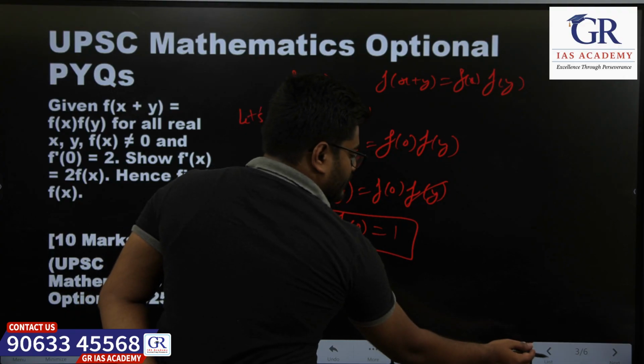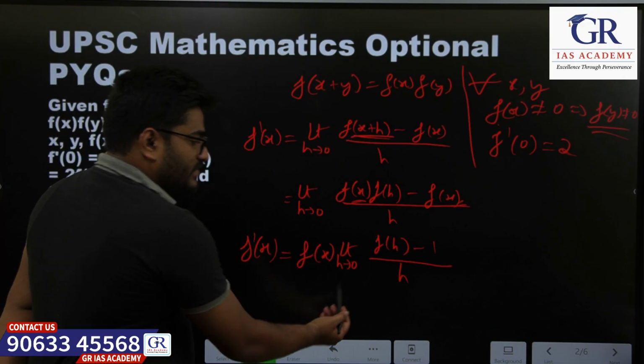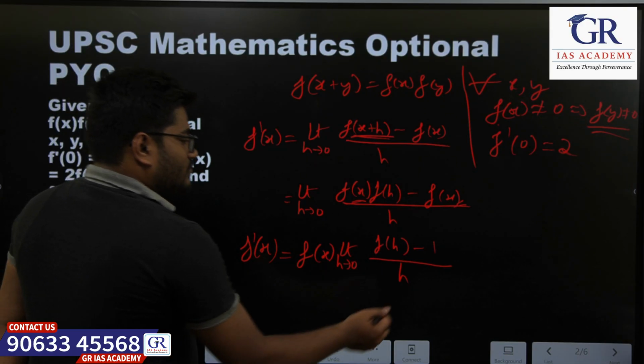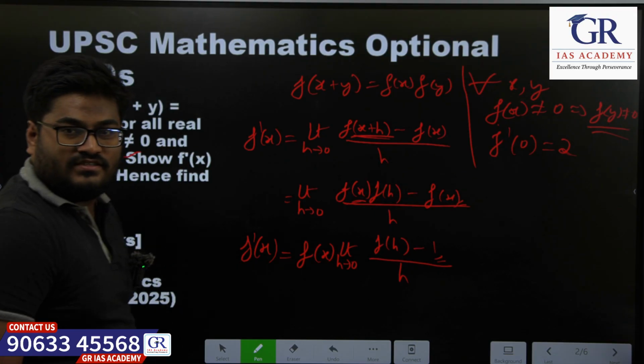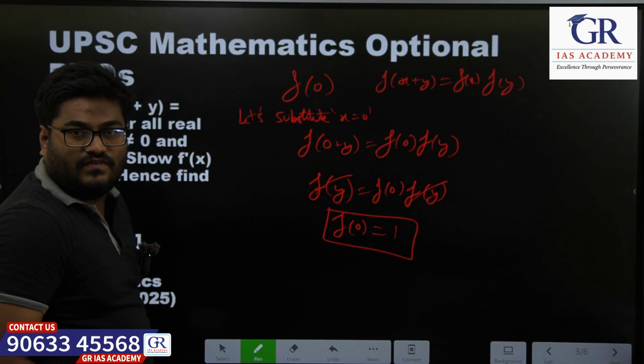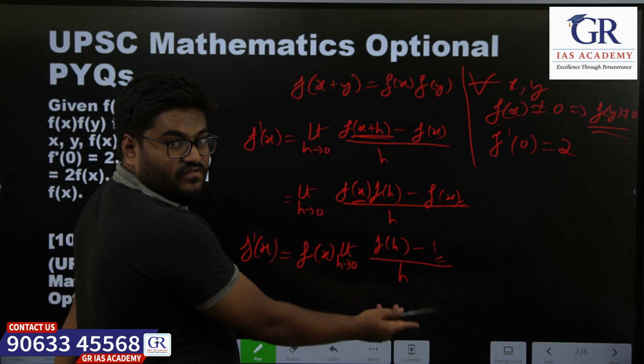So what do we have in this equation? The derivative f dash of x is equal to f of x into the limit of f of h minus 1, by h. We have 1 here, right? What is f of 0? f of 0 is 1. So we can substitute f of 0 in the place of 1.